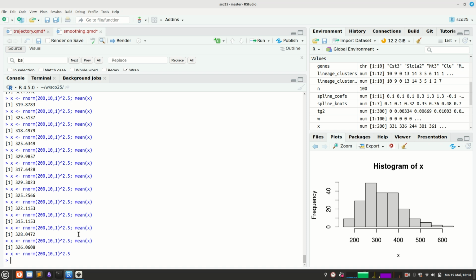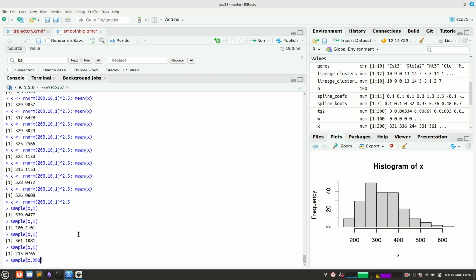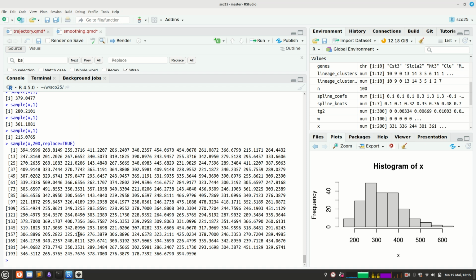And sampling from this means picking a data point from this probability distribution, which actually means picking one of the values of x. And if I now want to resample 200 new data points, I have to say replace is true to make it clear.